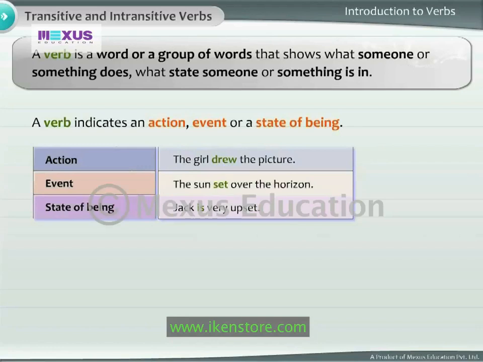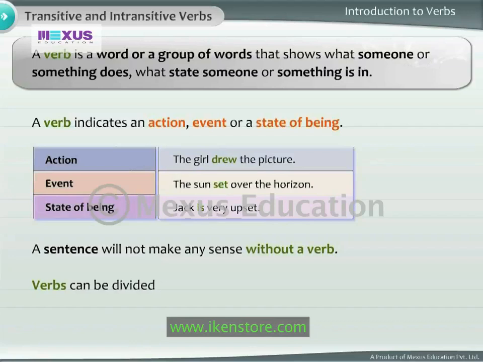They demonstrate how a verb can be used to indicate an action, event, or state of being. Keep in mind, a sentence will not make any sense without a verb. Verbs can be divided into transitive and intransitive verbs.